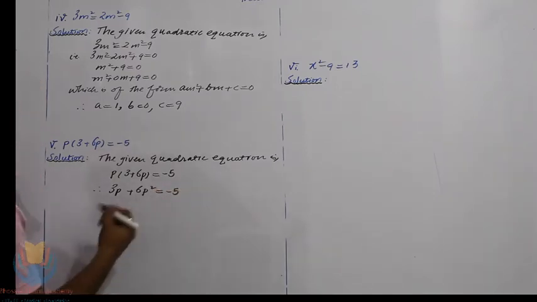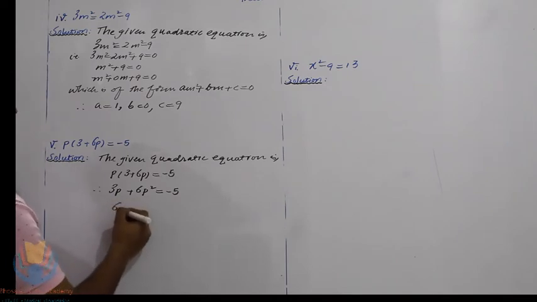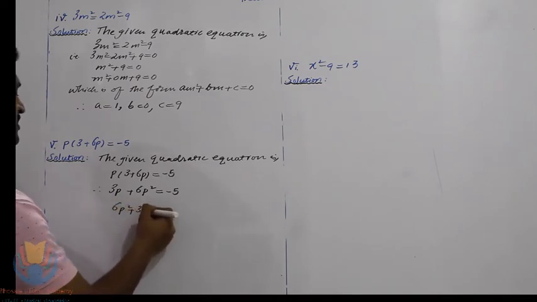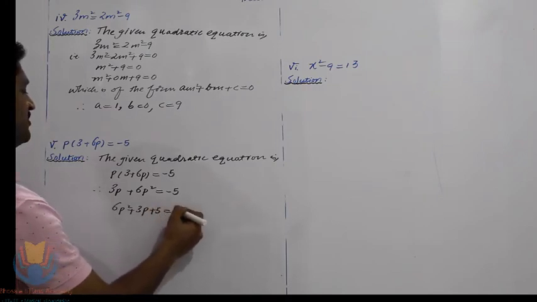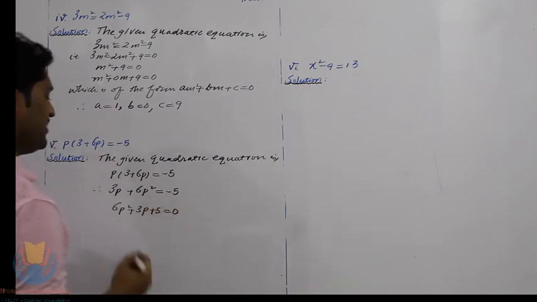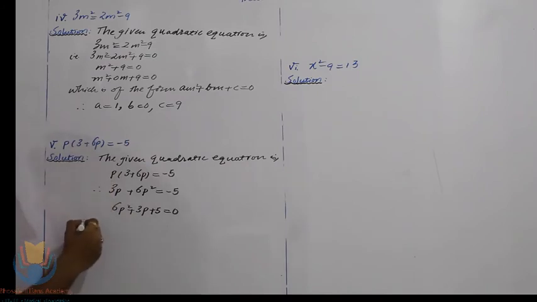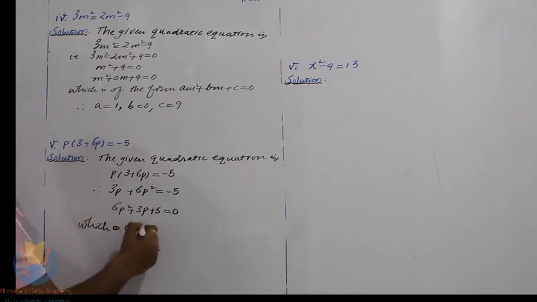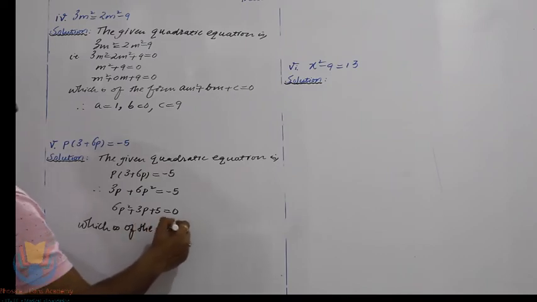So get all the terms on the left hand side. So the first term will be 6p square, second term is 3p, and this minus 5 became plus 5 here. Again we will write the same, which is of the form.